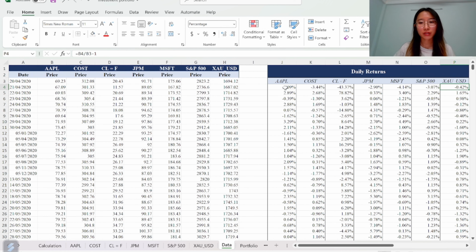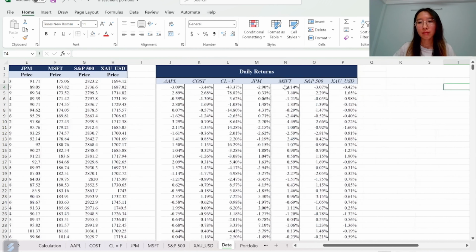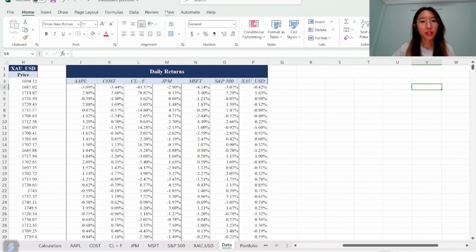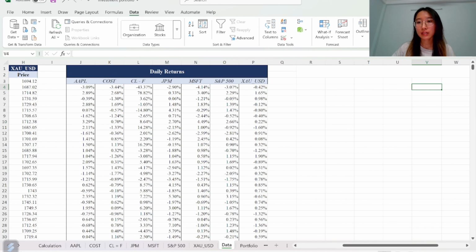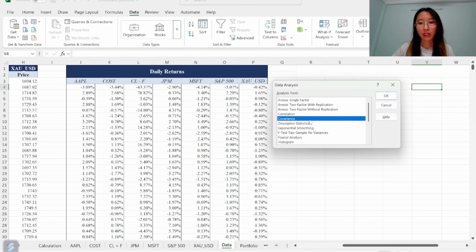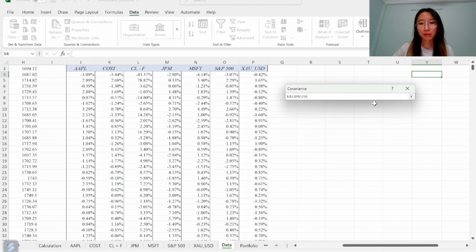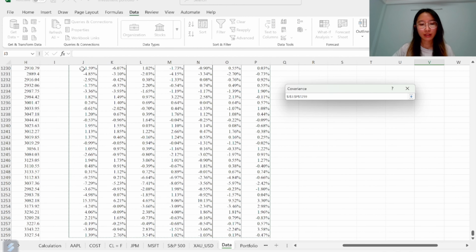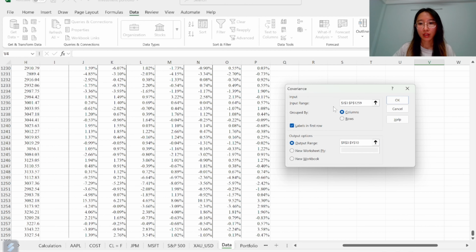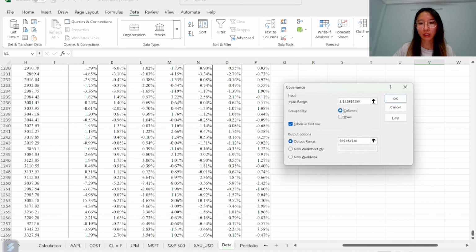We'll move on to the next part, that is making our covariance matrix. Click Data, Data Analysis, and Covariance here. The input range is all from the asset name to the last of the returns. I want it to be grouped by column, and we will have labels in the first row.